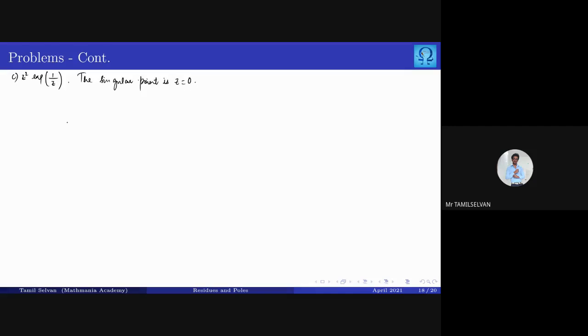z equals 0. So you can give the exponential of z, which is nothing but 1 plus z plus z squared upon 2 factorial plus z cube upon 3 factorial plus etc. From this you can write down what is exponential of 1 upon z. This is nothing but 1 plus 1 upon z plus 1 upon z squared into 2 factorial plus 1 upon z cube into 3 factorial plus etc. So now you will have to multiply just z squared with this.